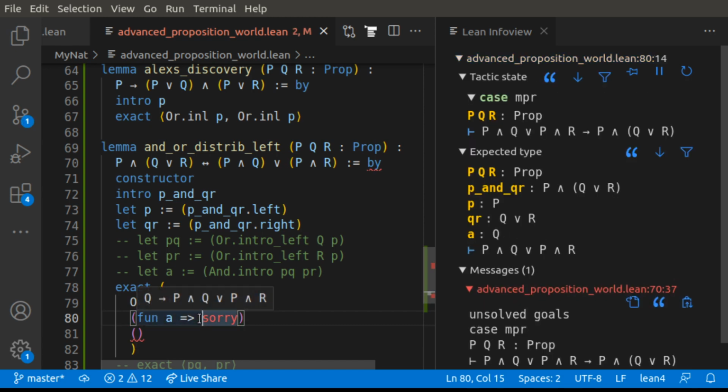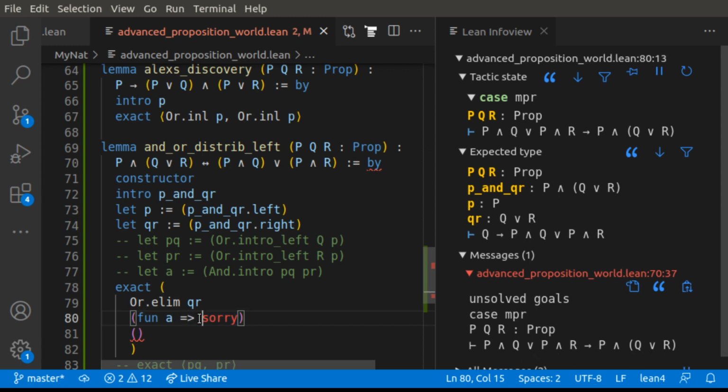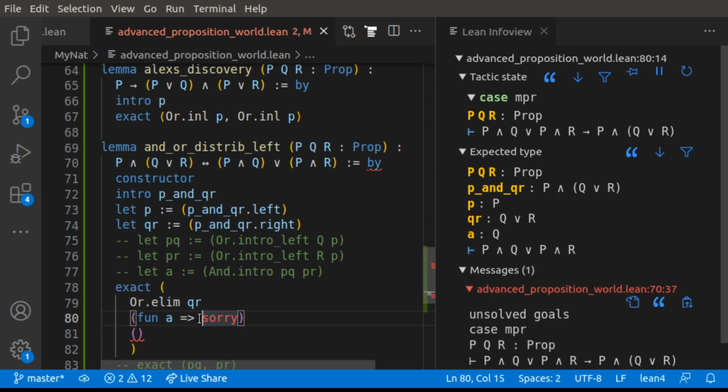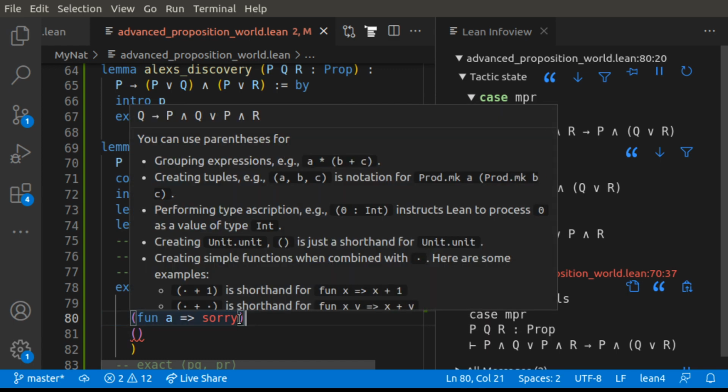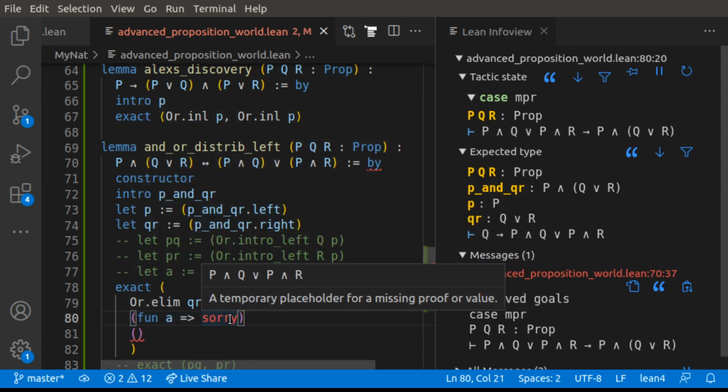Okay, so this, okay. Here we need to take some Q and prove P and Q or P and R.